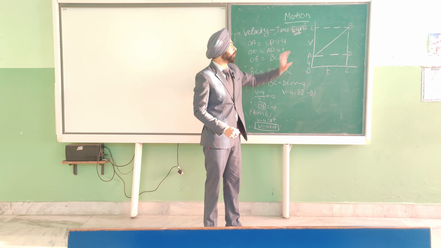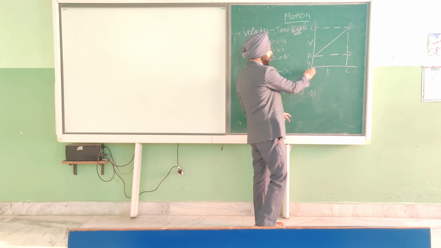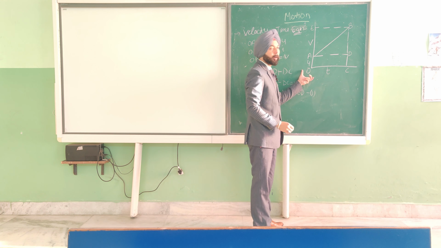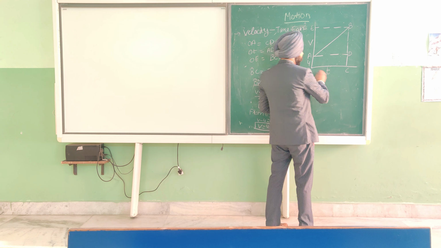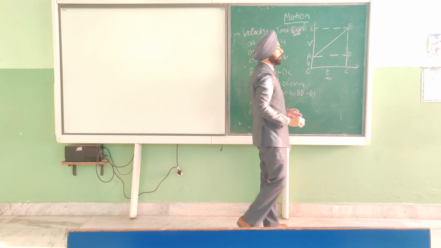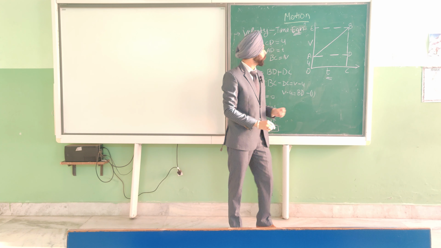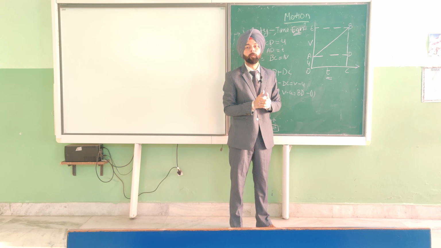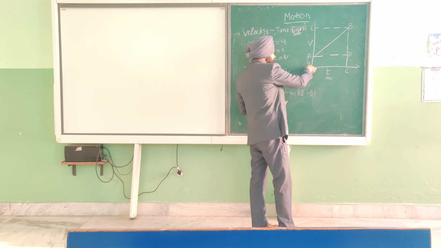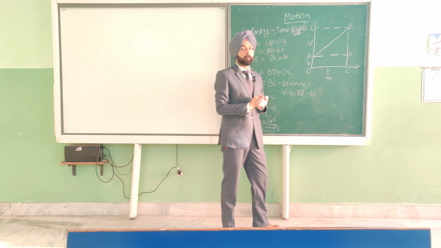Firstly, we will focus on this graph. Suppose the body is here at point O. You know, in the x-axis we take time, so this one is the velocity-time equation. In the y-axis we take v. Suppose firstly the body is at the origin.